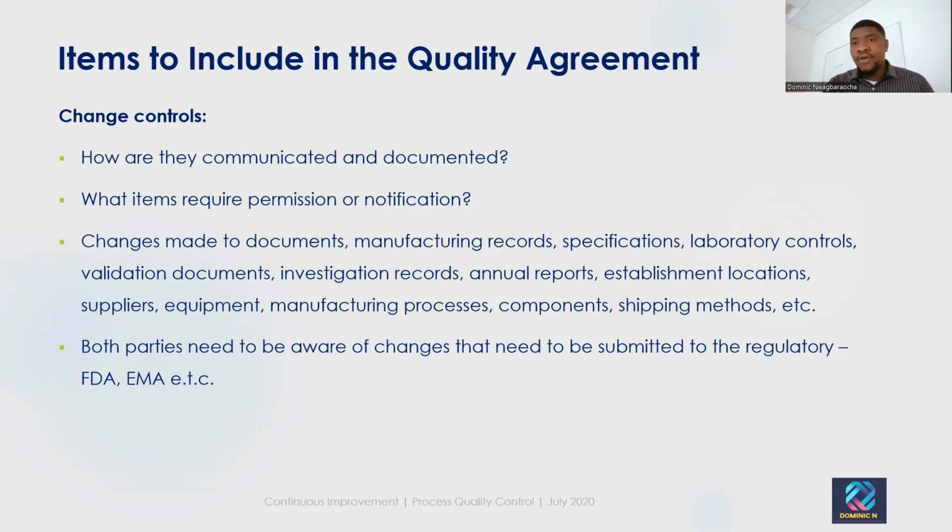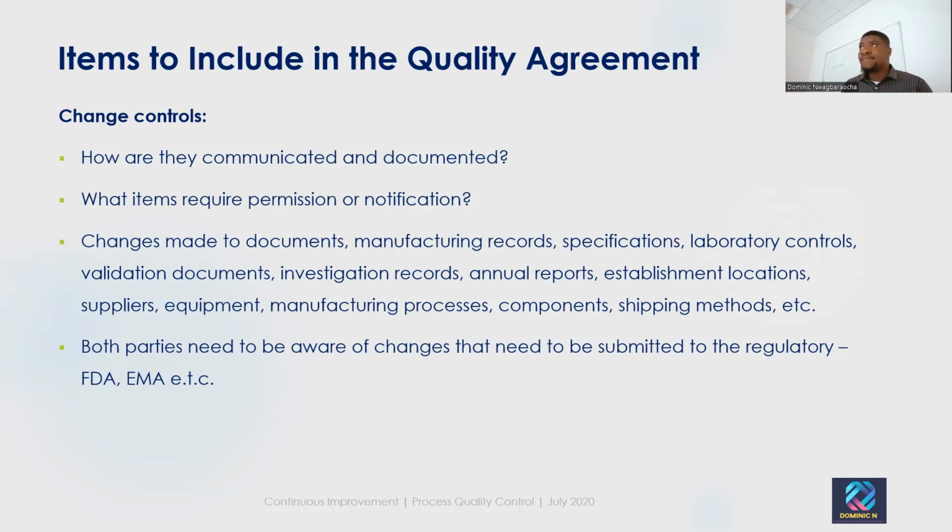So you should not allow the vendor or the supplier to make changes unannounced. Imagine changes are being made to the raw material that you're receiving and you're not notified about it. They have changed the way that they sterilize before they send to you, and you are not aware, and it gets to your site and you only do testing for the first 10 batches.